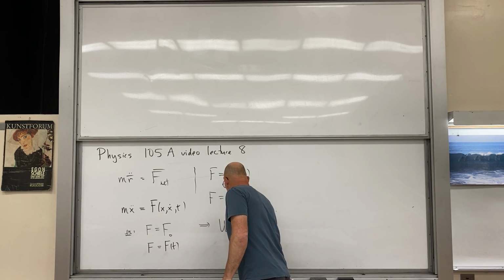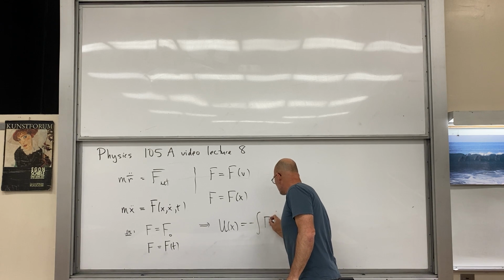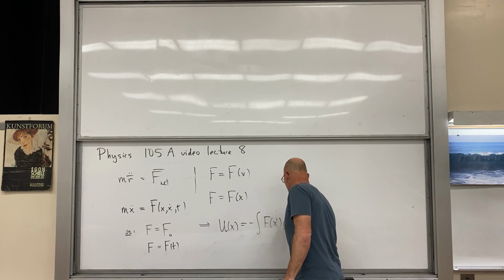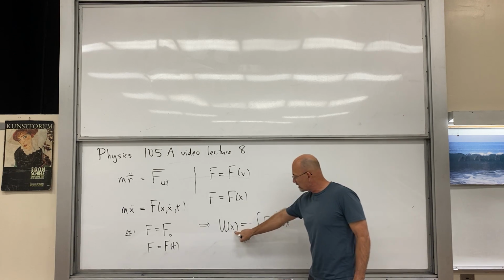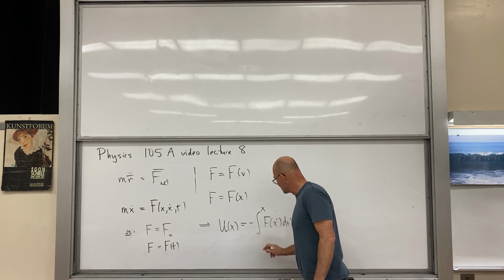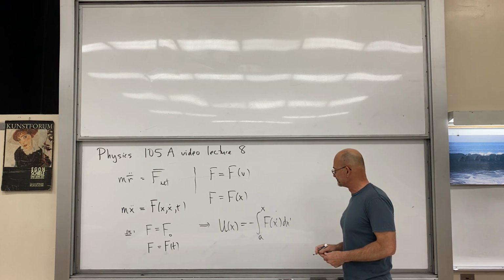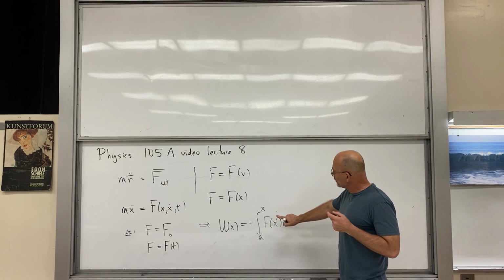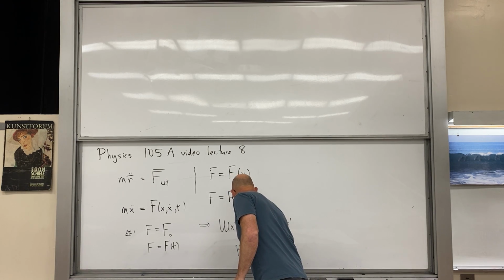So we introduce the potential energy function, integral of the force, and these are just integration variables because the argument of the potential energy is the upper boundary, A is some constant. And with the potential energy function, I'll write this out, potential energy.